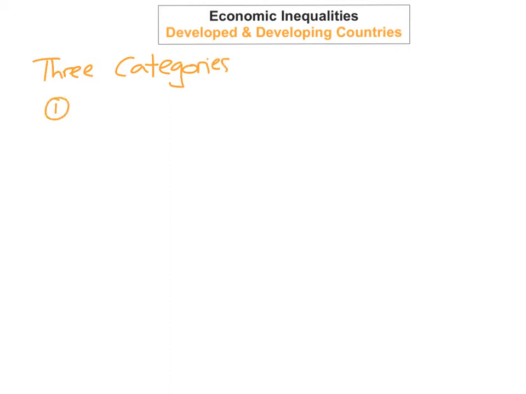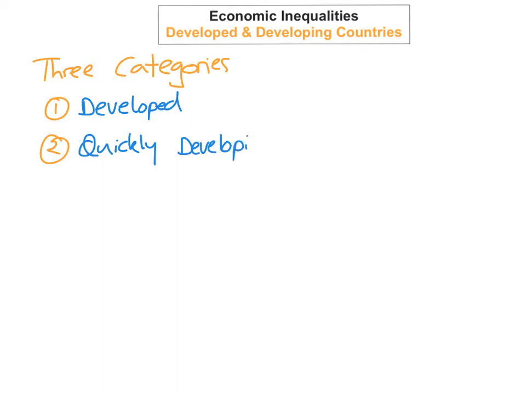The first category we have is developed. The second category that we have throughout the world is quickly developing. And the third category we have is slowly developing.